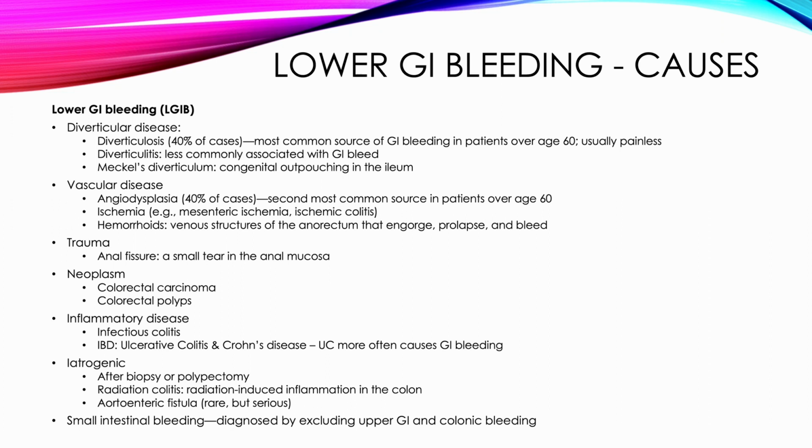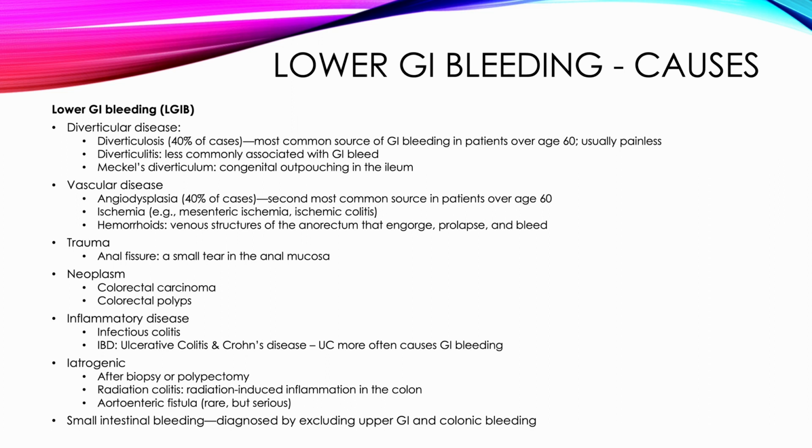Like we mentioned in one of our colon lectures, diverticulosis is generally painless, and it can cause anywhere from a little bit of blood to a whole lot of blood and hemodynamic instability. Diverticulitis doesn't bleed nearly as much as diverticulosis, but when there are pockets there is potential for bleeding. And then we also mentioned Meckel's causing painless GI bleeding in the younger population.